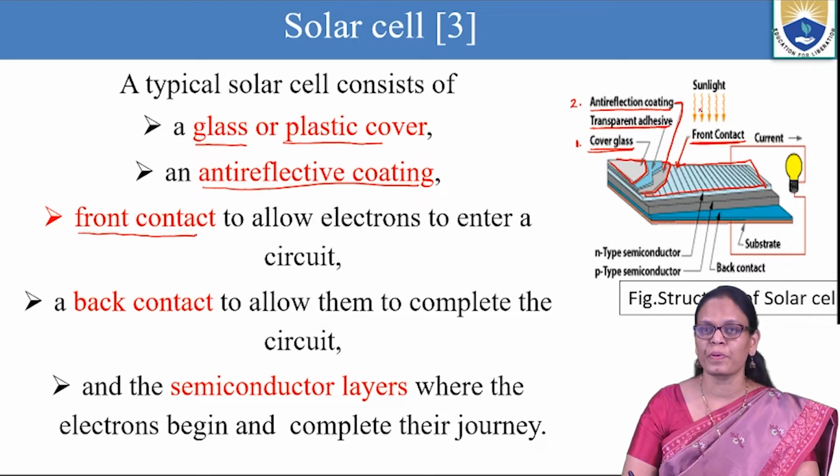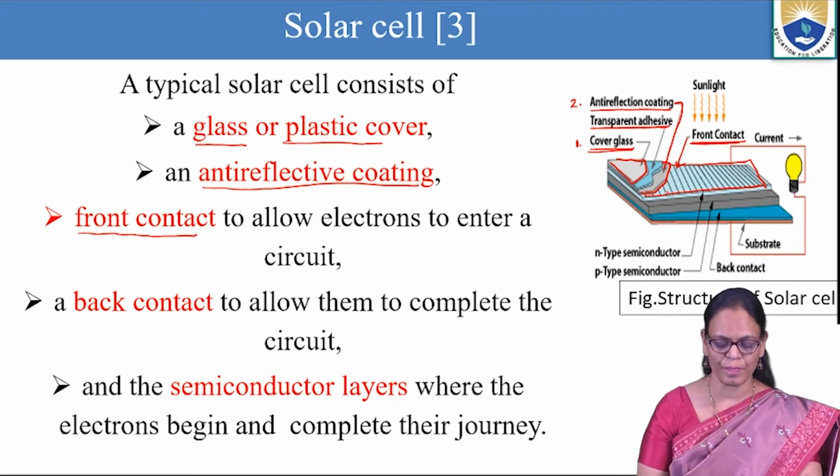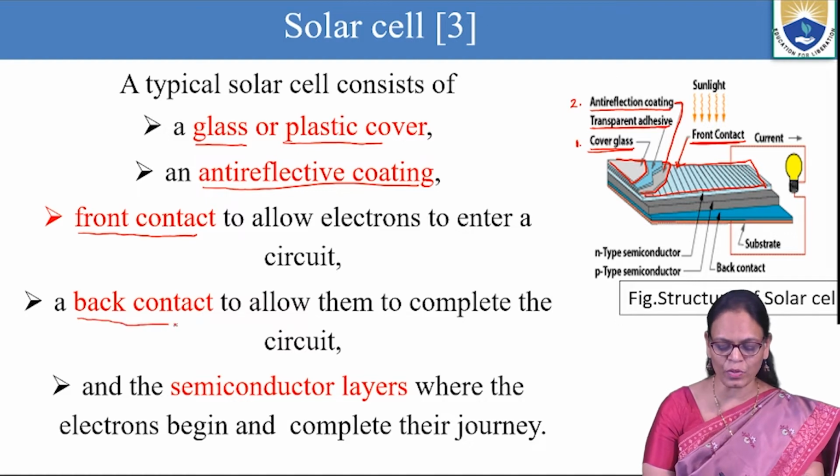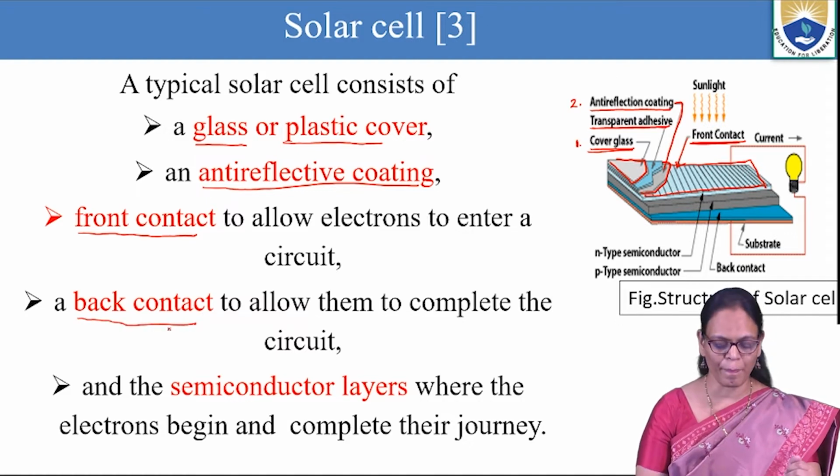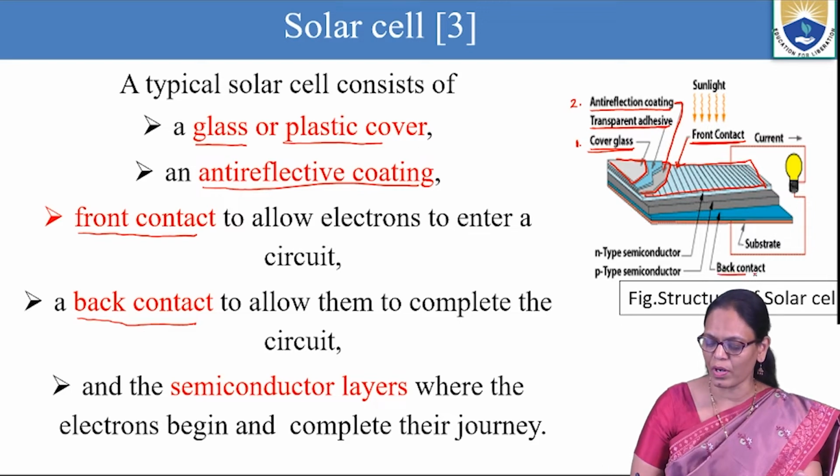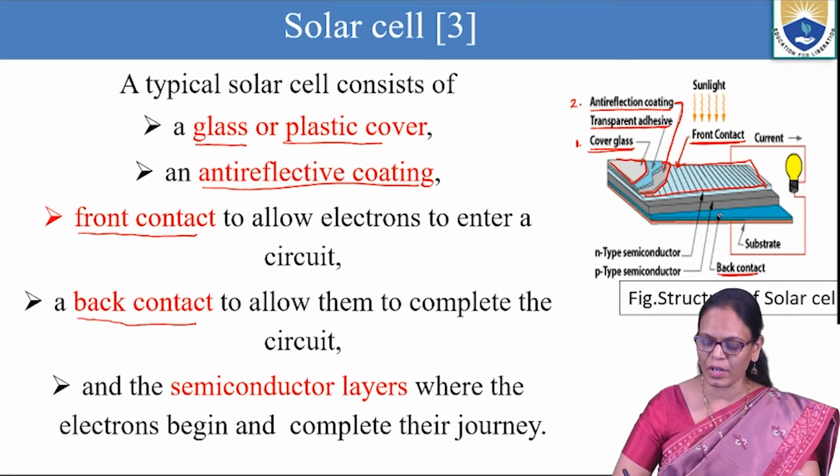This will help the electrons to enter into the circuit. And then we also have a back contact. The back contact is used to complete the circuit. The back contact is this, which is used to complete the circuit.